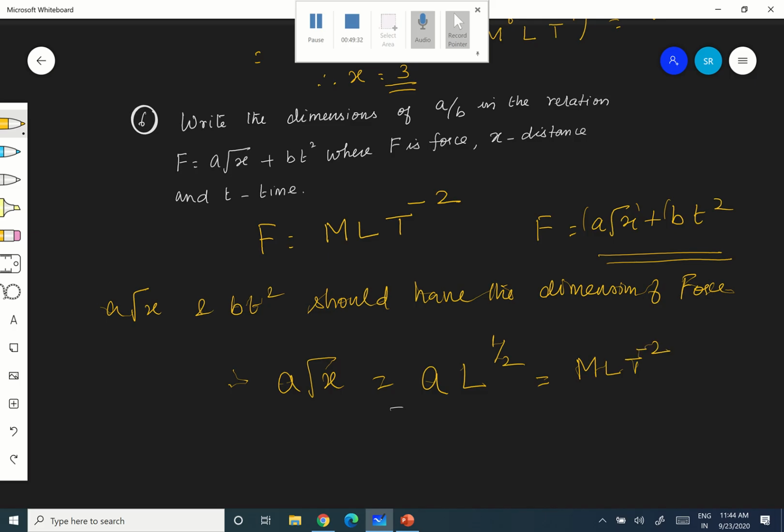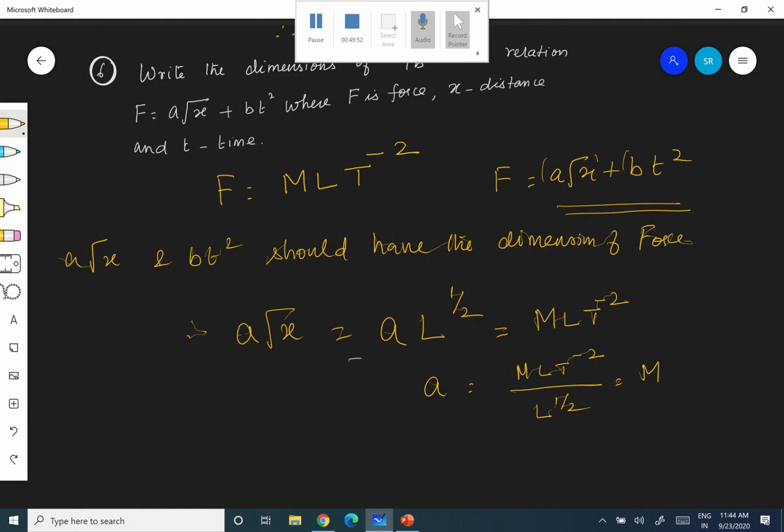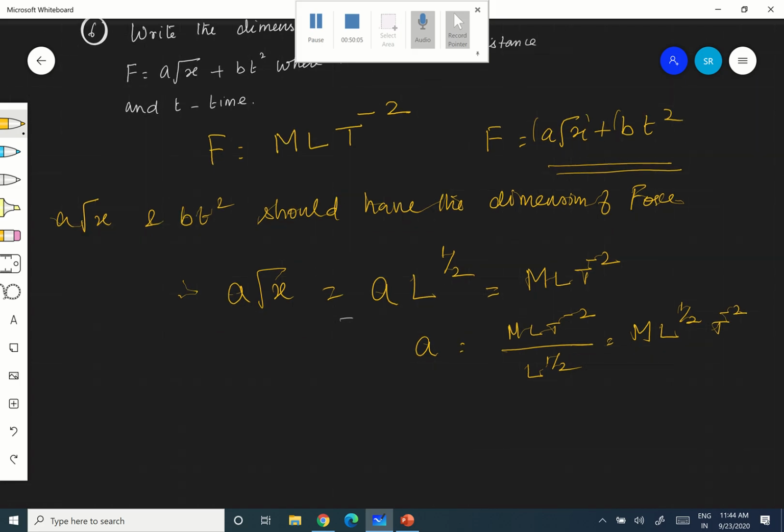Therefore, what is your a? a is equal to M L T power minus 2 divided by L power half, so you will be getting M L power half T power minus 2. So the dimension of a is M L power half T power minus 2. Is it clear, children?